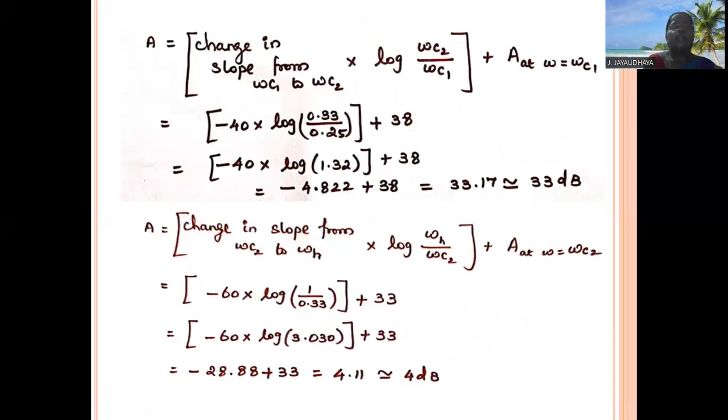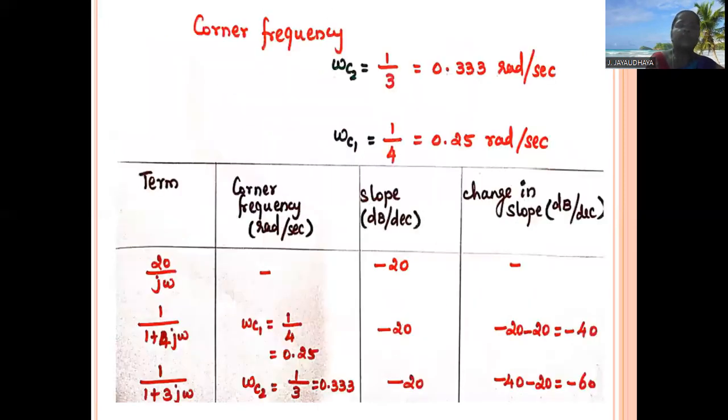Okay. The next one, how to find out this amplitude value: A is equal to the change in slope from omega C1 to omega C2, into log of omega C2 divided by omega C1, plus the amplitude or magnitude value at omega equal to omega C1. This is the standard formula to find out the magnitude. Now you have to see this table.